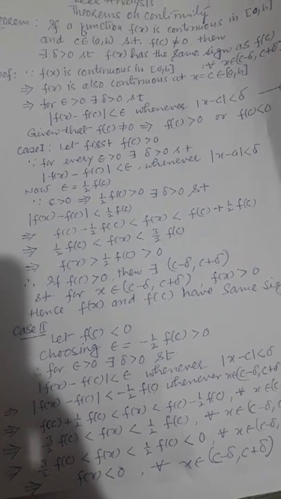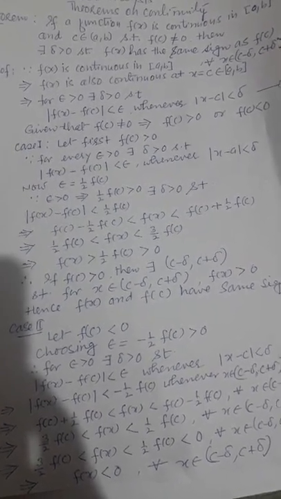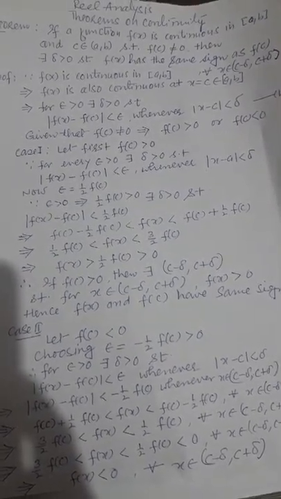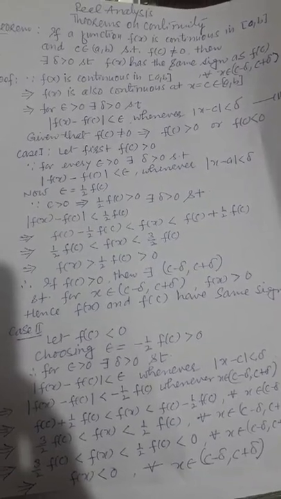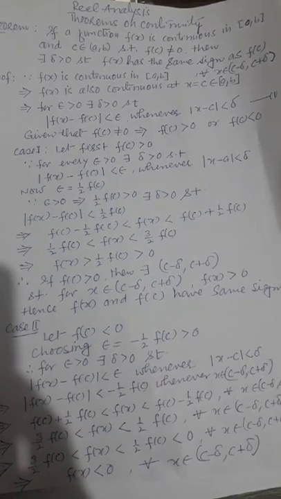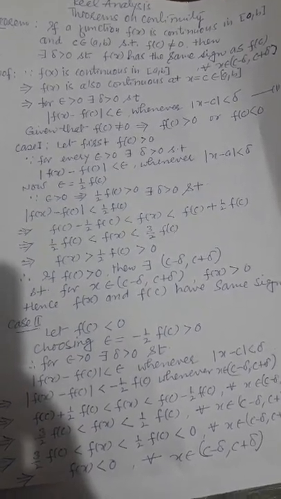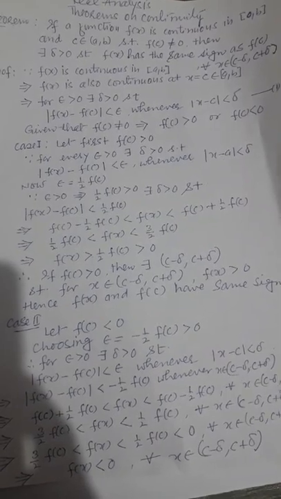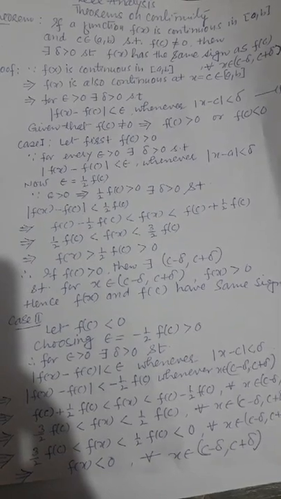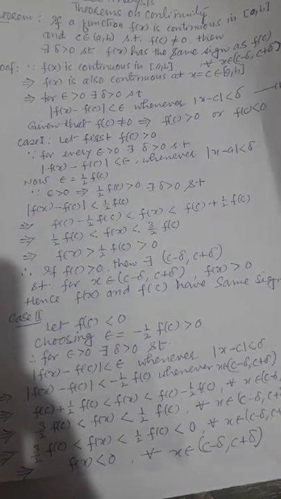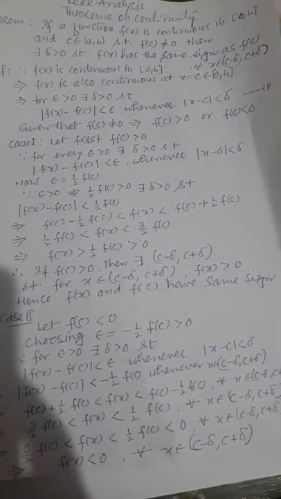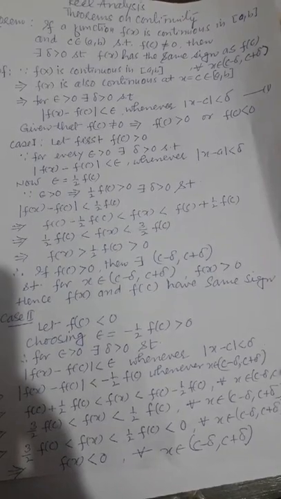If a function f(x) is continuous in the closed interval [a, b], and c be any point belonging to the open interval (a, b) such that f(c) is not equal to 0, then there exists a real number delta greater than 0 such that f(x) has the same sign as f(c).